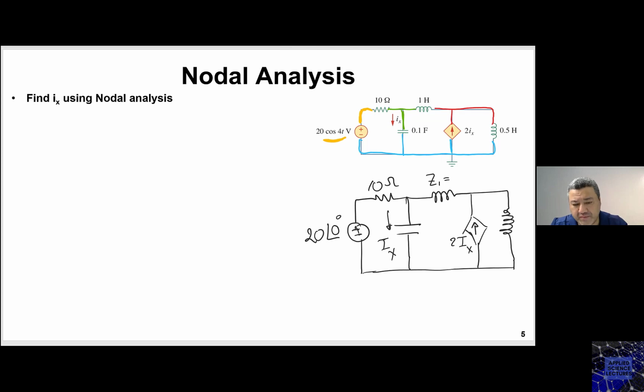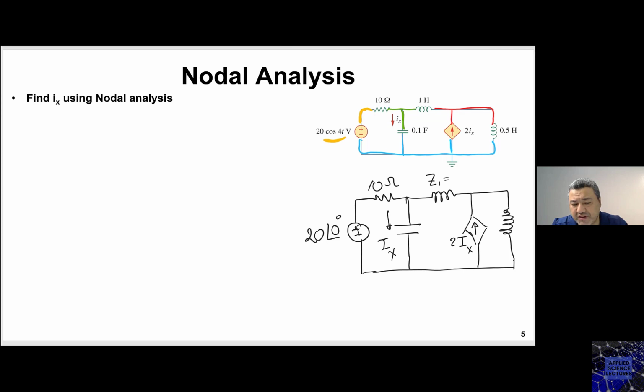Here we're not dealing with a transient response. Here we are dealing with a steady state signal. However, it has a frequency.